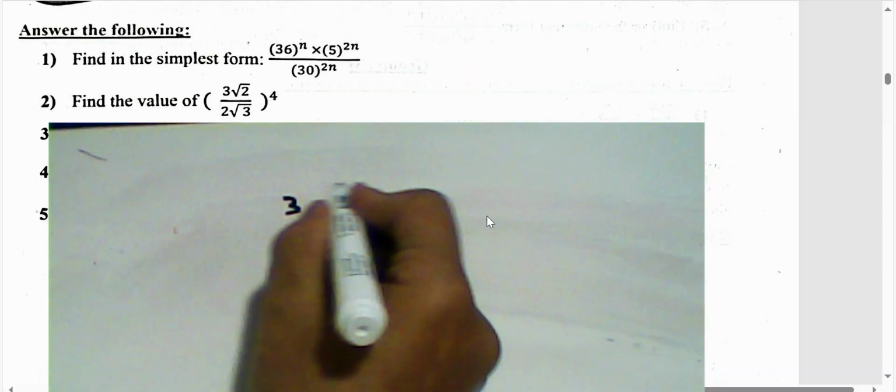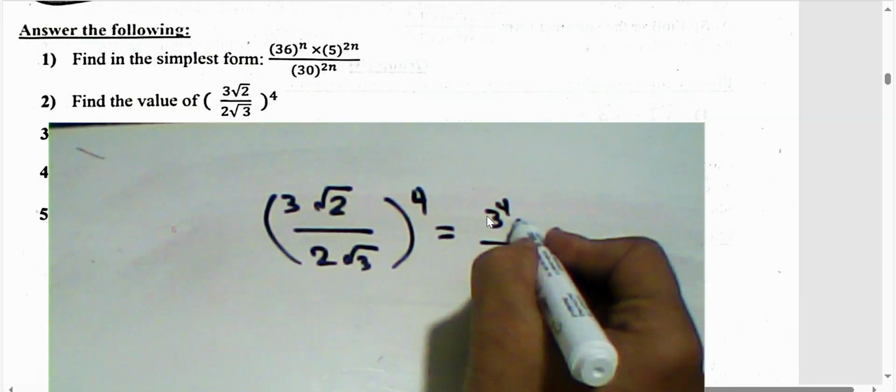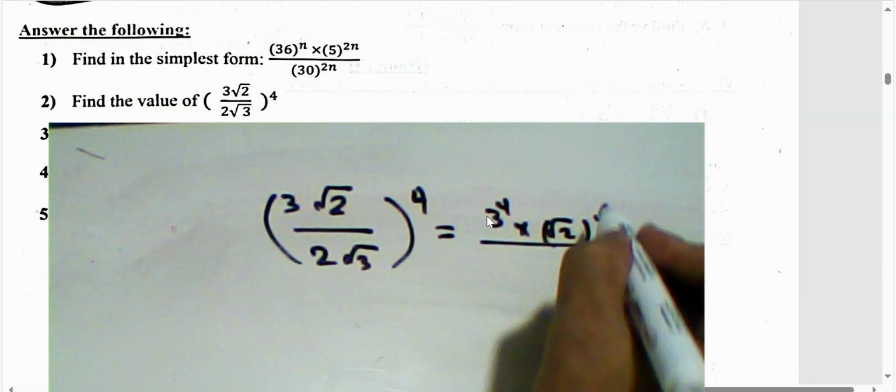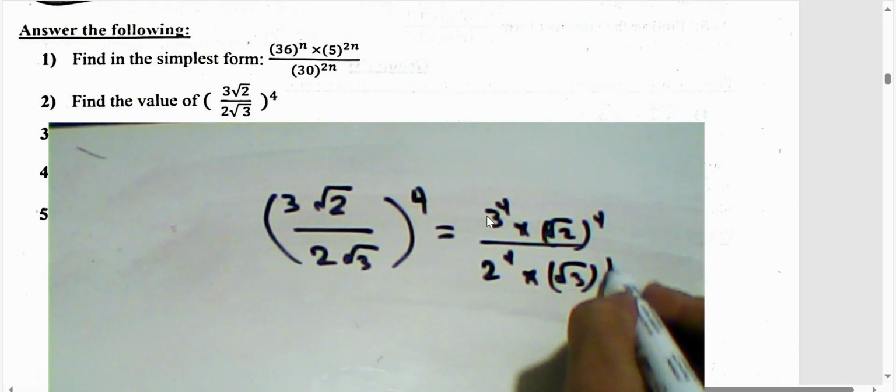Find the value of this expression here. Okay, it's number 3: root 2 over 2 root 3, all power 4. We must distribute the power. 3 power 4 multiplied by root 2 power 4 over 2 power 4 multiplied by root 3 power 4.